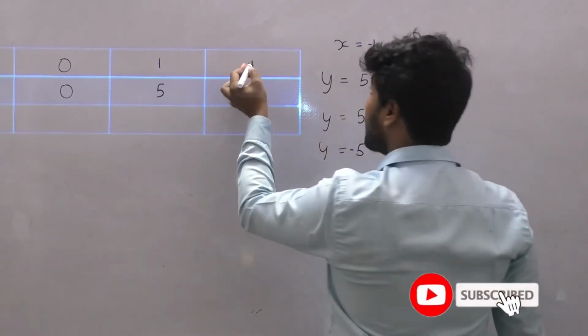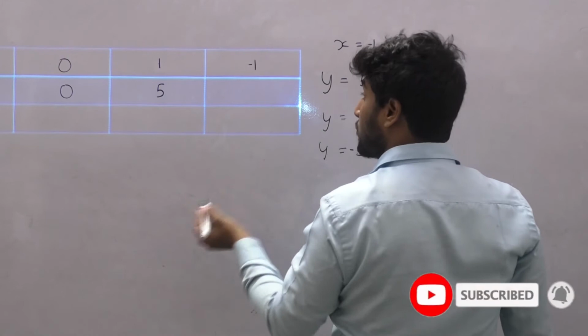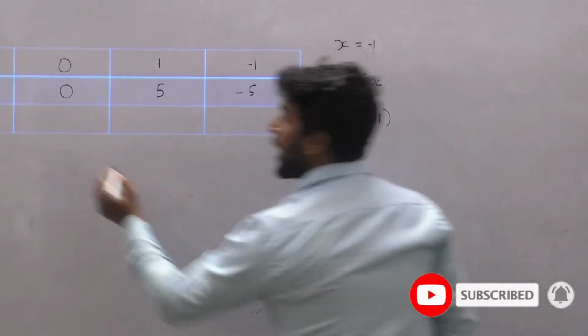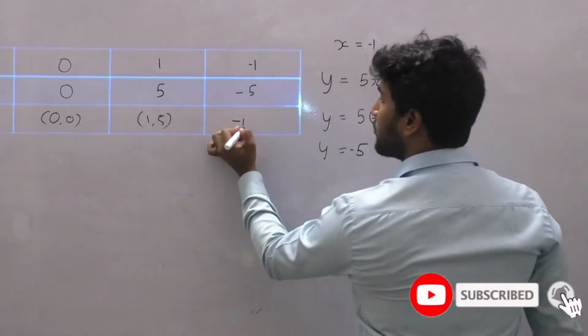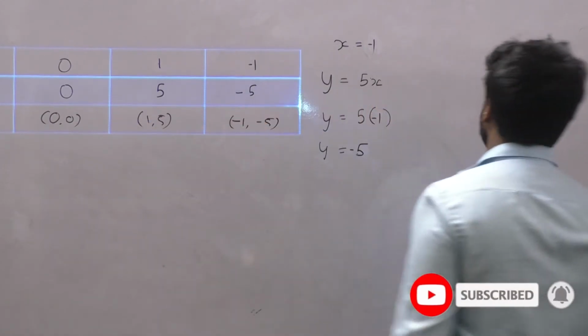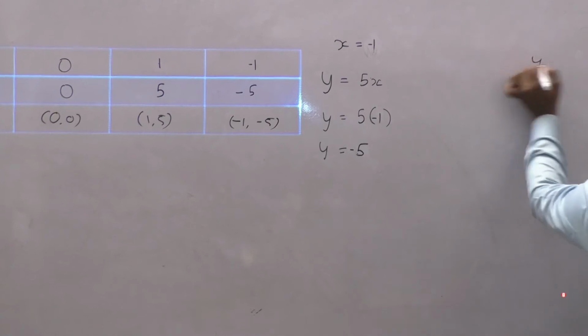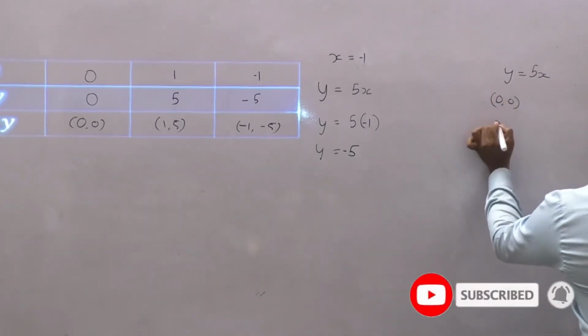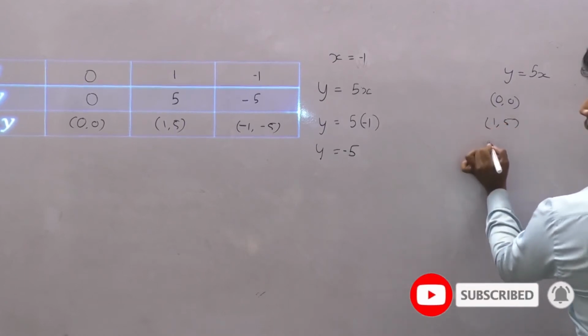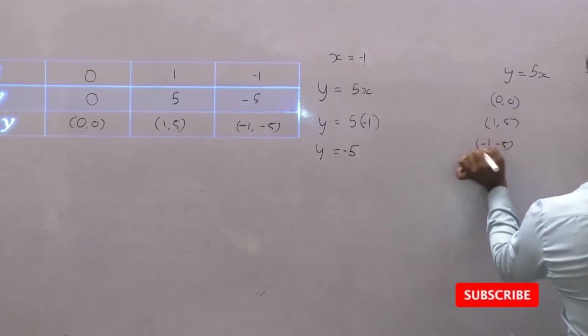So the coordinates are 0, 0; 1, 5; and minus 1, minus 5. So let's write the coordinates for y is equal to 5x: 0, 0; 1, 5; and minus 1, minus 5.